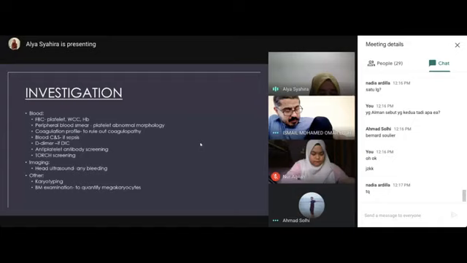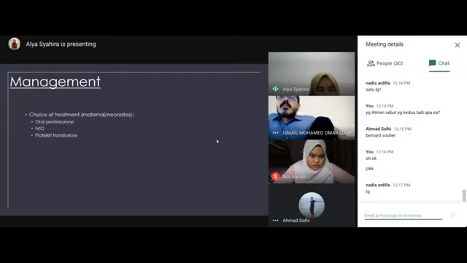Post-delivery, the choice of treatment is either IVIG or platelet transfusion. However, most cases do not need any treatment, so we just treat conservatively depending on the severity of the thrombocytopenia.